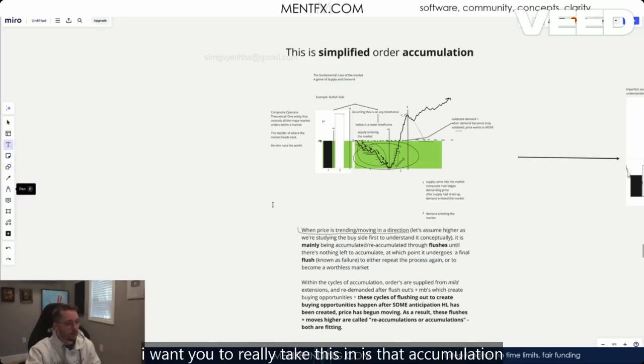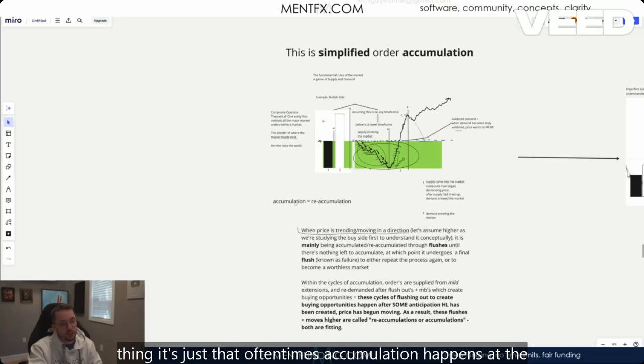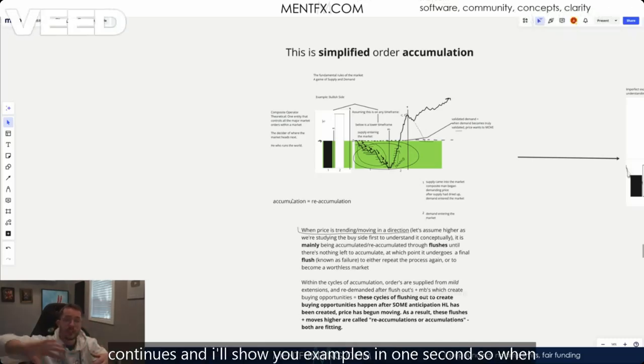The way that I want you to really take this in is that accumulation equals reaccumulation, because both undergo and do the same thing. It's just that oftentimes accumulation happens at the beginning of a move. Reaccumulations happen as the move continues. And I'll show you examples in a second.